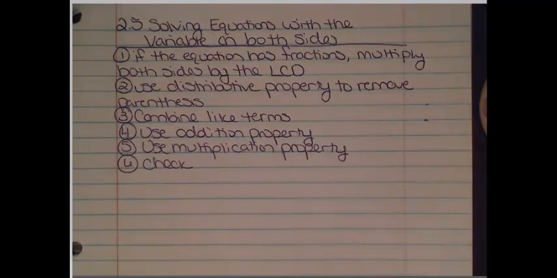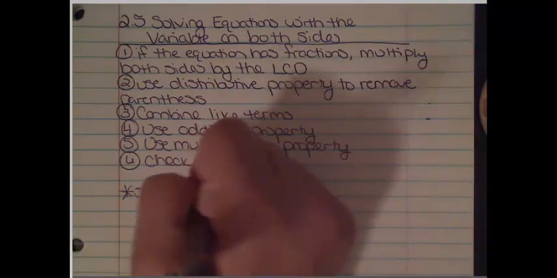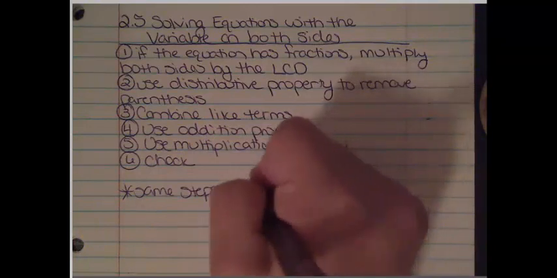Please note that during this video I will not be checking my work just to save us a little bit of time. And also please note that these are the same steps that you used in section 2.4. And I'll write that. Same steps as 2.4.